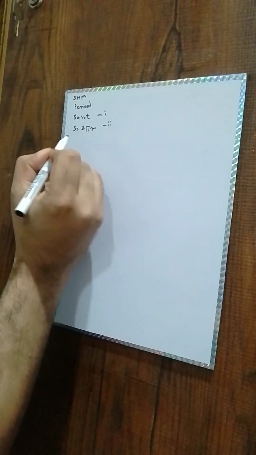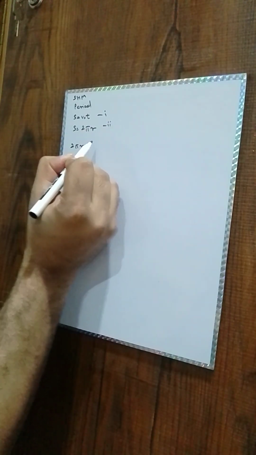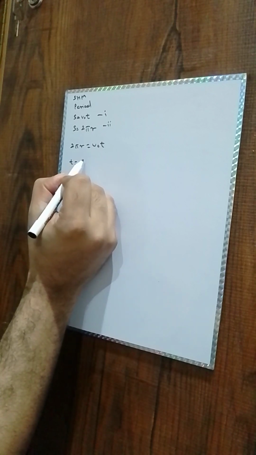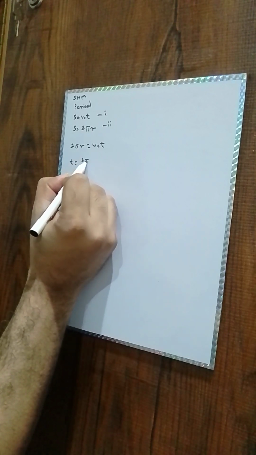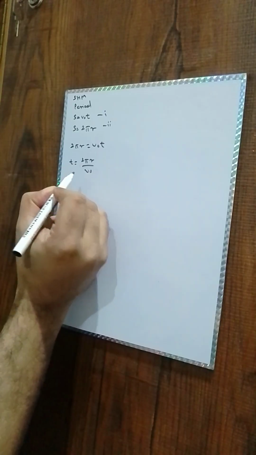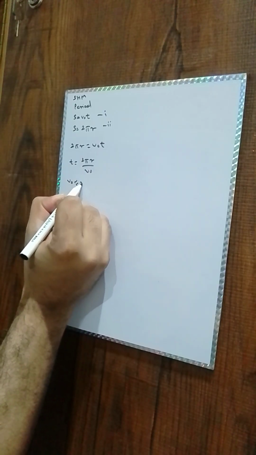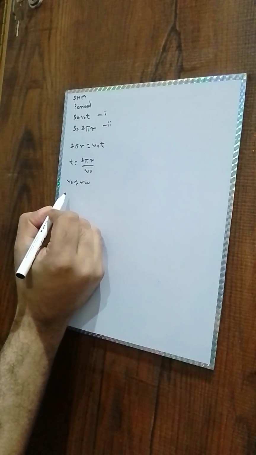We can equate the two, 1 and 2. 2 pi r is equal to V naught t. So t would be 2 pi r by V naught, and V naught is our omega.